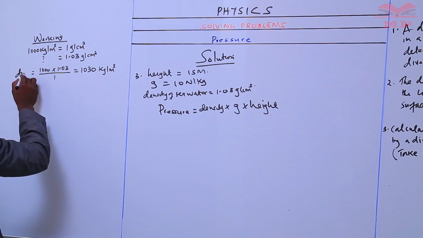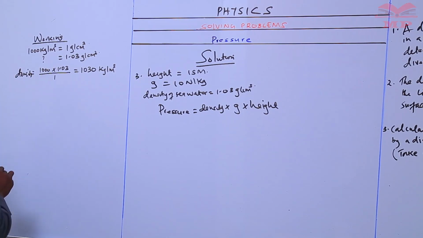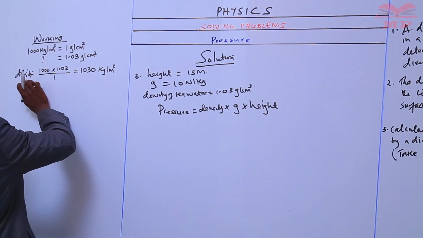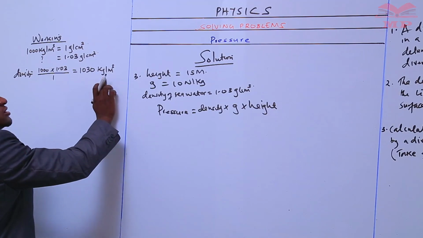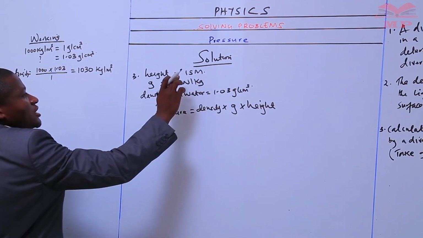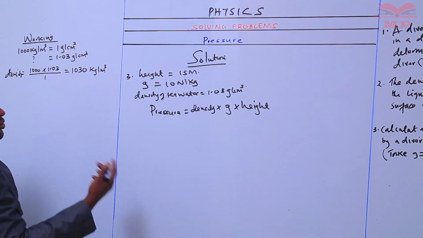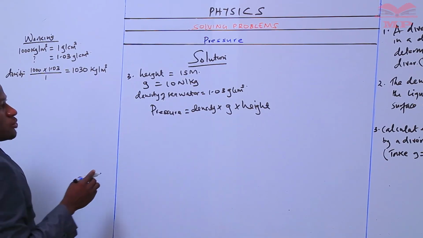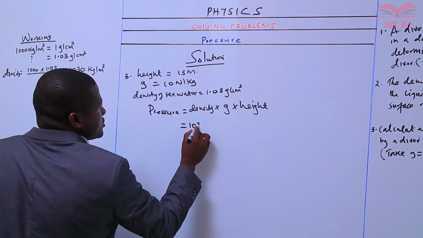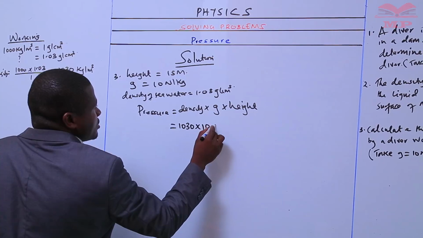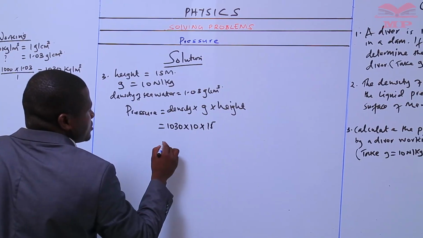This is density in the SI unit, and I have height in the SI unit. Then G is always constant and is always given. So we substitute in our equation: density 1030 times 10 times the height, which is 15.